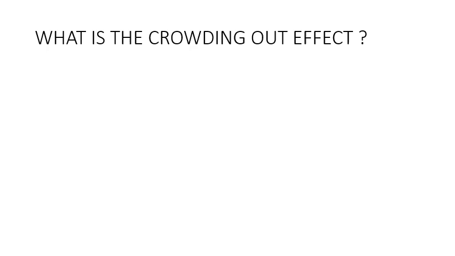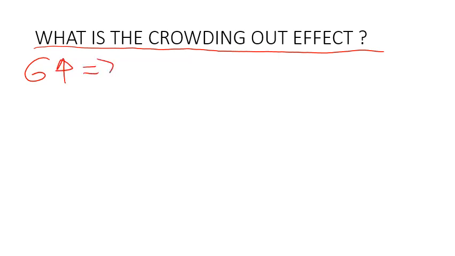The question is, what is the crowding out effect? Well, it's labeled as a problem. Often, very often, a serious problem. All right, so here's the explanation. The crowding out effect occurs when government spending goes up. When government spending goes up, GDP goes up.